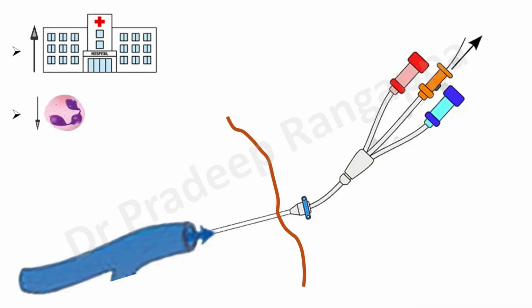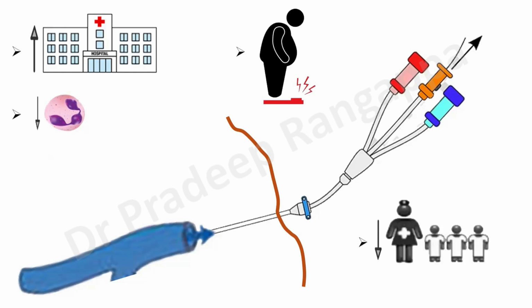Patient factors: the longer the patient is in ICU, neutropenia, or obesity. Obese patients are shown to be at a higher risk of developing CLABSI, maybe because catheter care may be difficult, and so on. And most important, possibly in India we all face the nurse-patient ratio, because we are always challenged in maintaining a 1:1 ratio in the ICU.